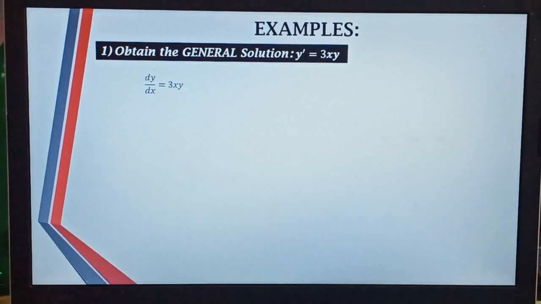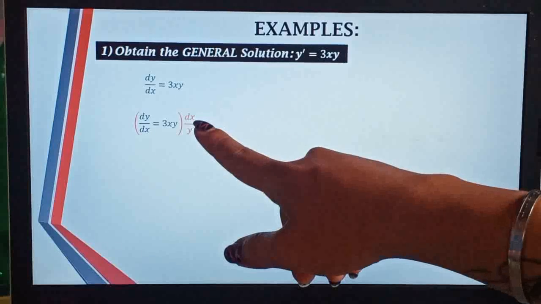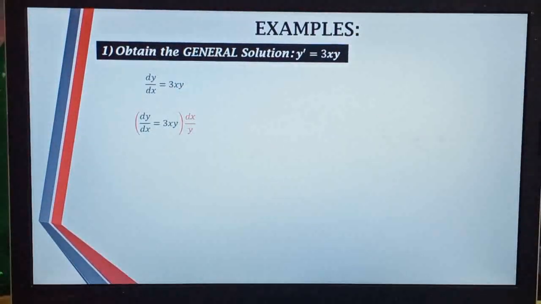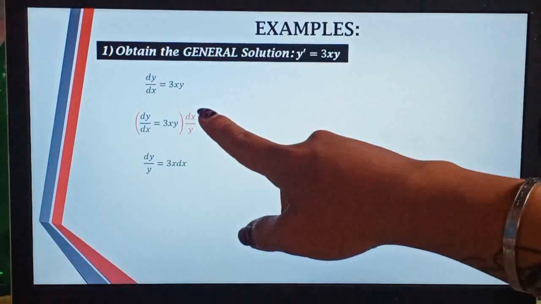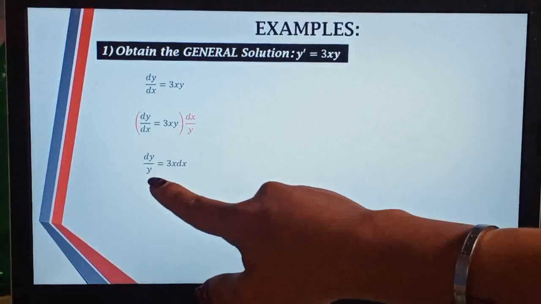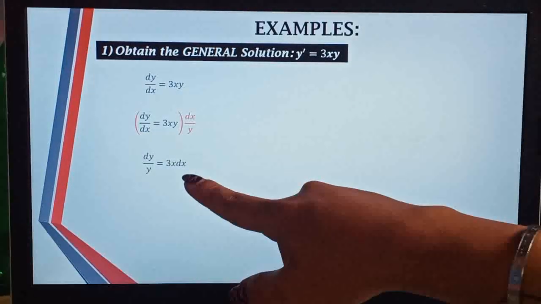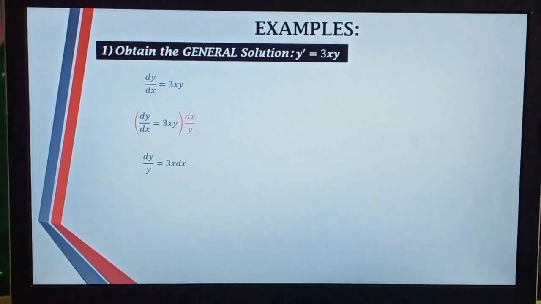So to separate x and y, we have to multiply the whole equation by dx over y. When we multiply dx over y to the terms given in that equation, we will now have the first term, dy over y, then the second term is 3x dx.